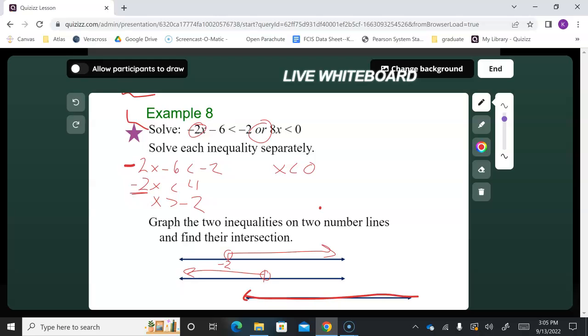My number line is everything. All real numbers. What's the interval notation for all real numbers? -infinity to infinity. So it's all real numbers. -infinity to infinity. Okay?